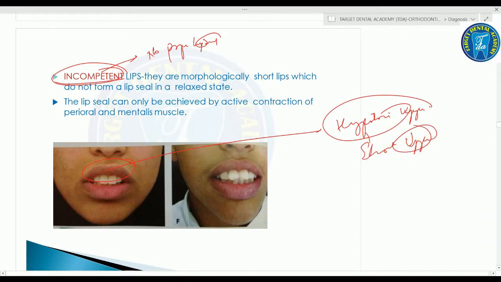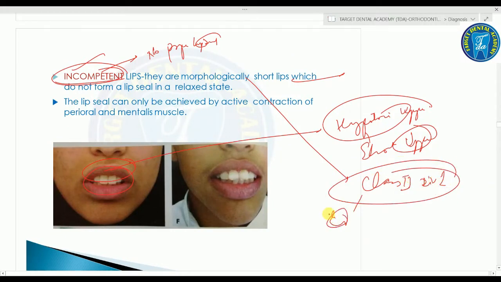Due to the short upper lip, it does not form a seal in a relaxed position. That is why it is called incompetent lips. Right? Very important, you can see incompetent lips in class 2 division 1. Commonly asked MCQ: in a class 2 division 1 patient, there will be no proper lip seal due to the hypotonic upper lip.